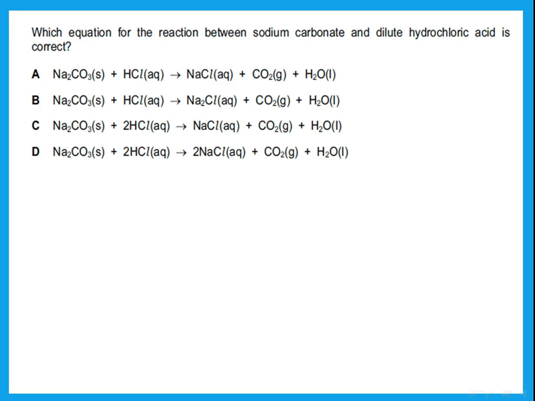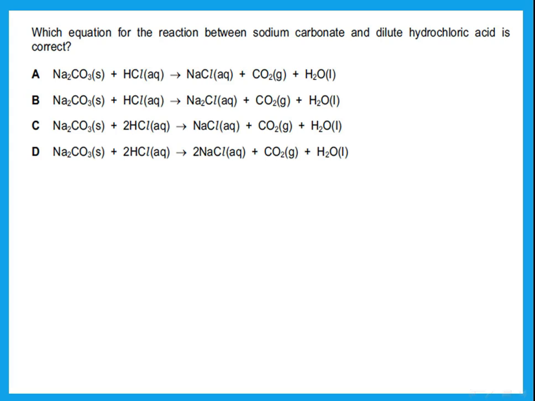Okay. Which equation for the reaction between sodium carbonate and dilute hydrochloric acid is correct? Again, check to see if any of them has the wrong formula. Remember, how do we write sodium chloride? Sodium chloride, the sodium has a valency of 1 and the chlorine has a valency of 1. So actually, choice B is wrong, mainly because the formula for sodium chloride is wrong.